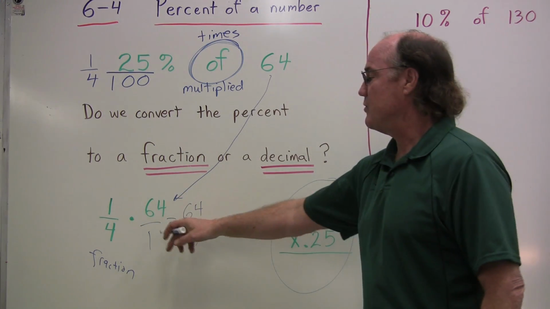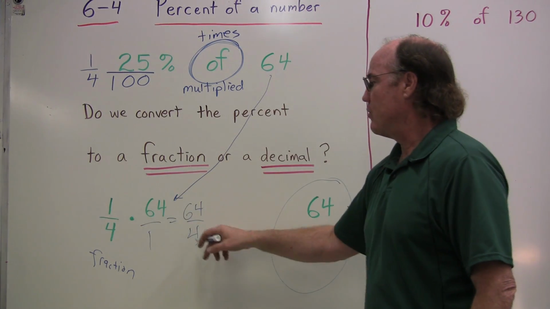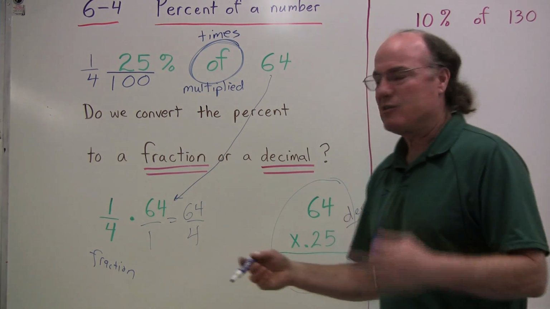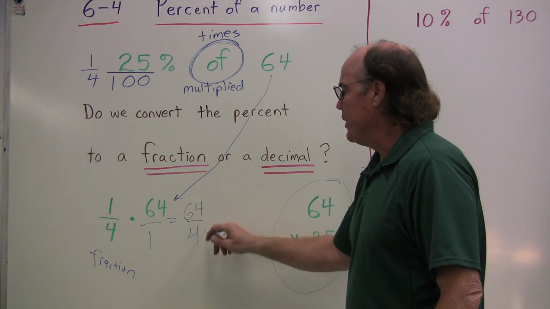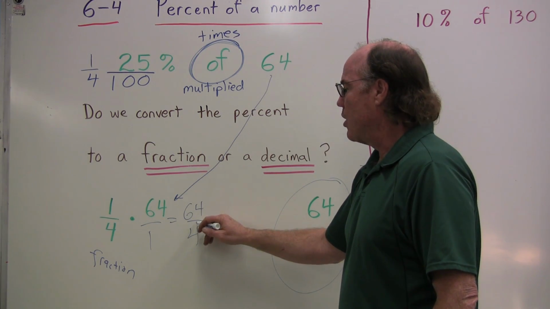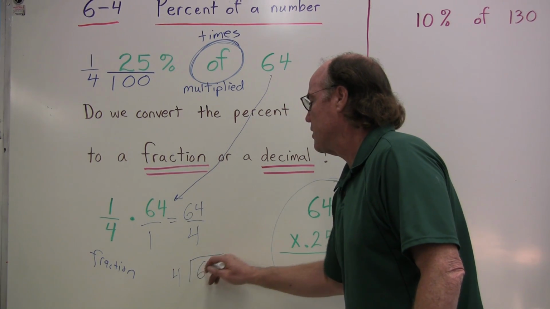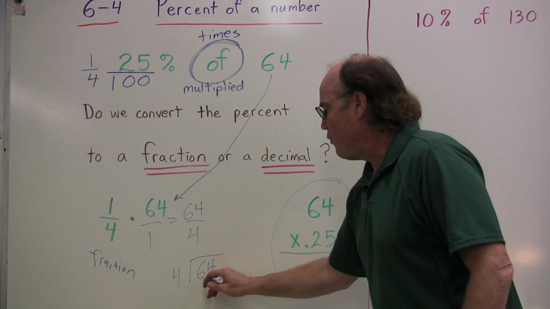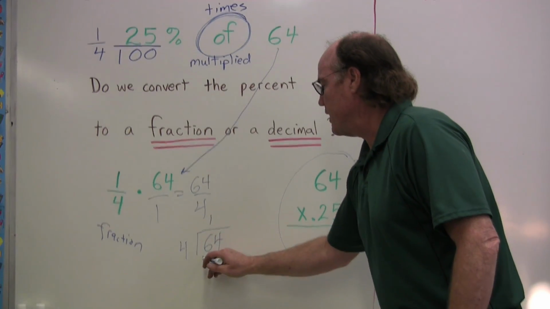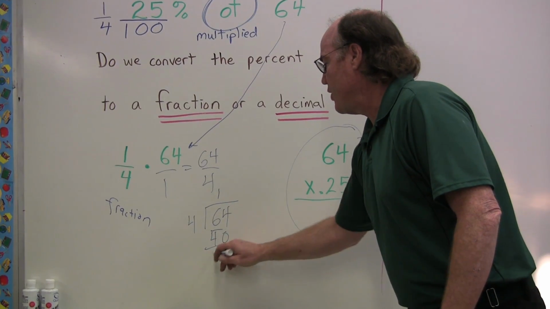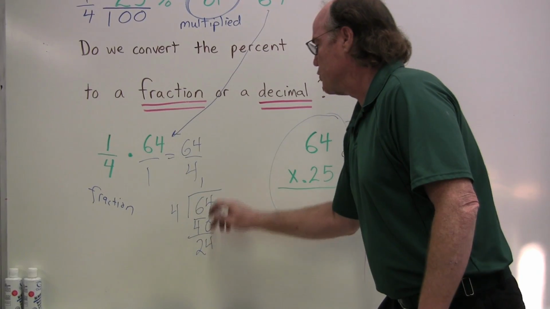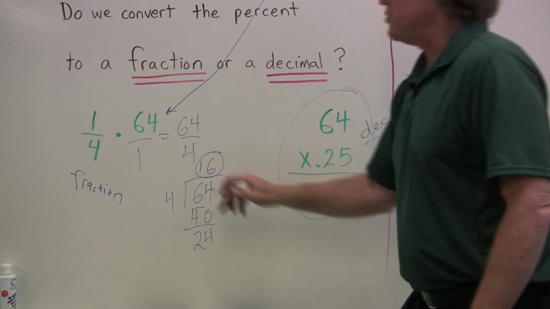We can make that 64 over 1. We don't even need to cross cancel now, because this is like 4 into 64. Okay? 4 into 6 is 1, and we get 4, 2, 0. And then we have 24. 4 into 24 is 6, 16.